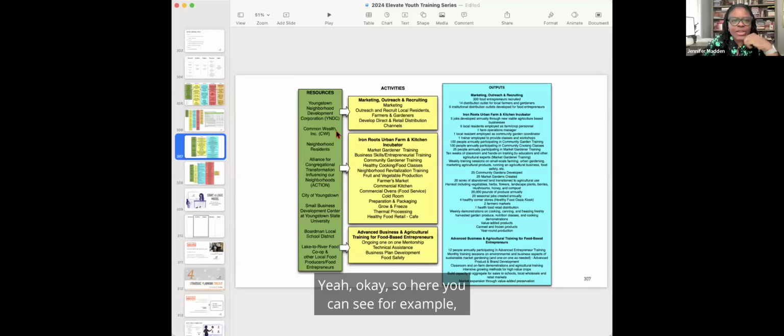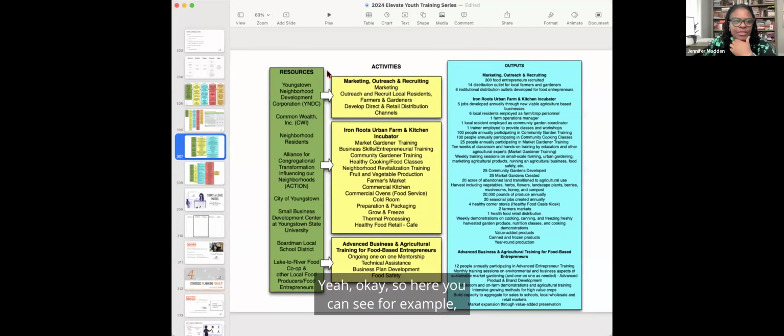Okay, so here is an example of what I mean. So sharing my screen. So here's an example of multiple programs included in one logic model. It is a snippet of one. Okay. So here you can see, for example, the resources are here, and now you can see the activities I put into categories.